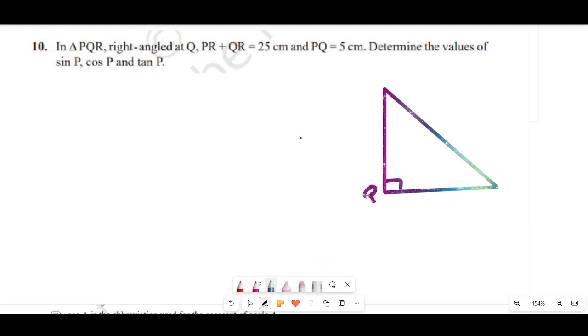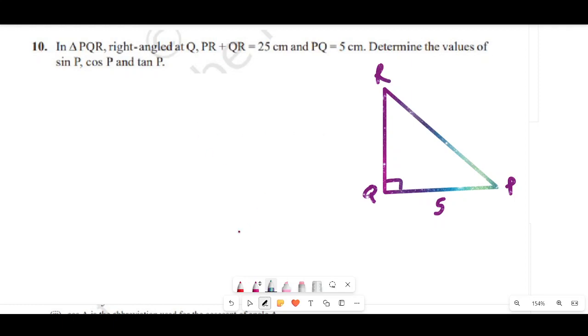Clear? Now PQ is 5 centimeter, this will be R, and PR plus QR is 25 centimeter. This is the other information given.